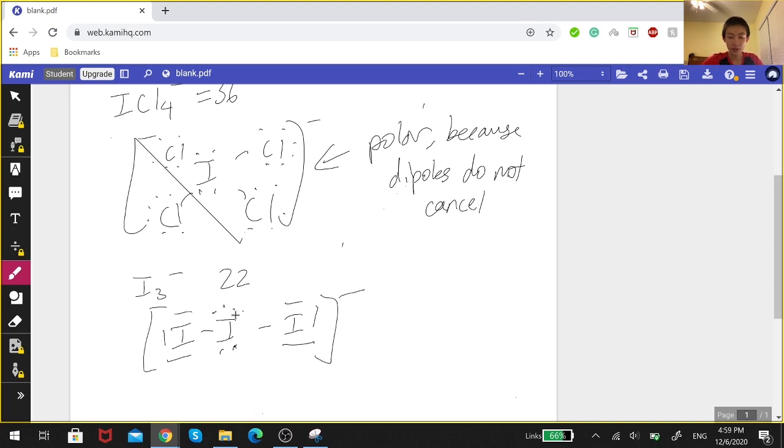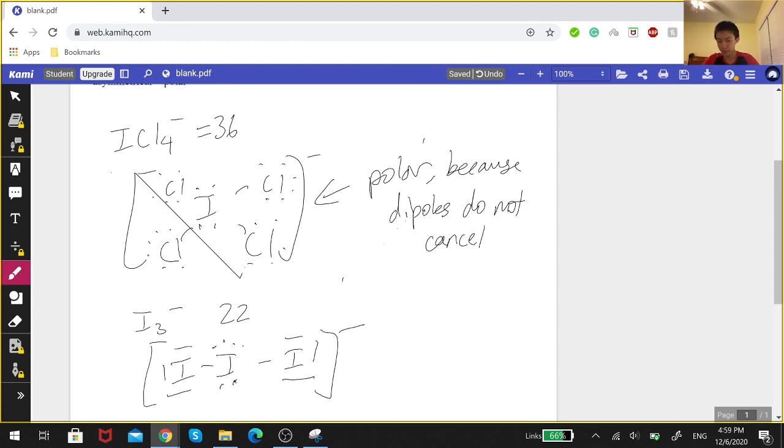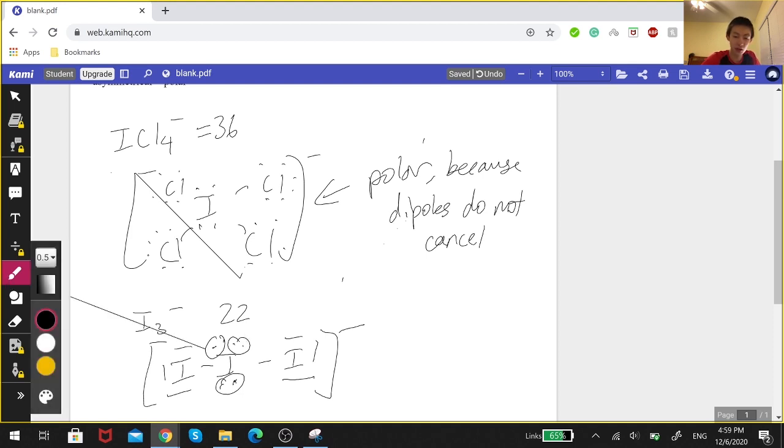Now, although all the surrounding atoms are the same, another thing you take notice of is the lone pairs. 1, 2, 3, so 3 total lone pairs. Three lone pairs is the maximum a central atom can have. This basically means that all the dipoles cancel each other out.